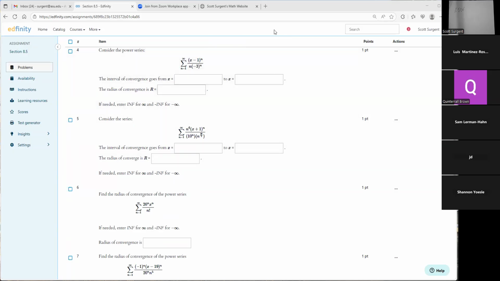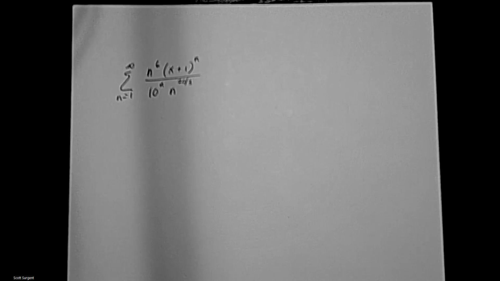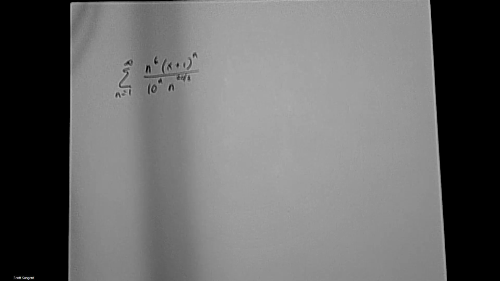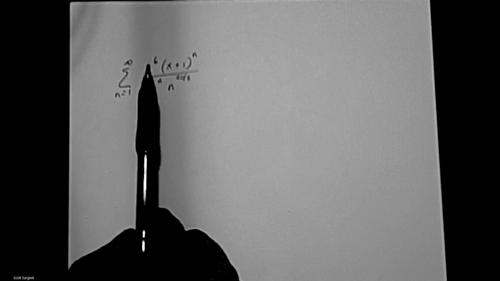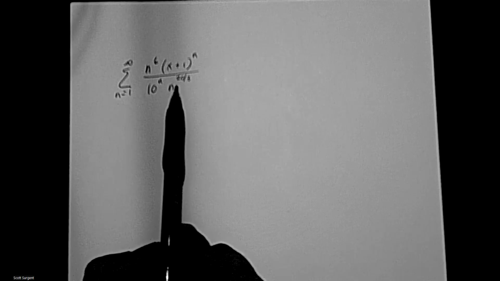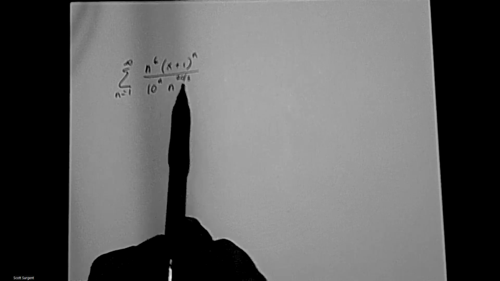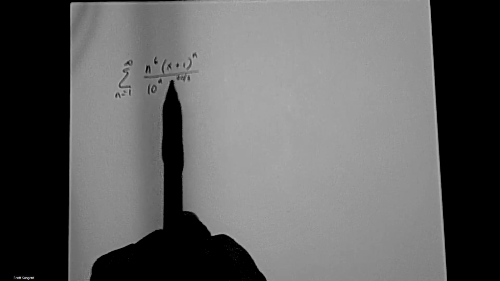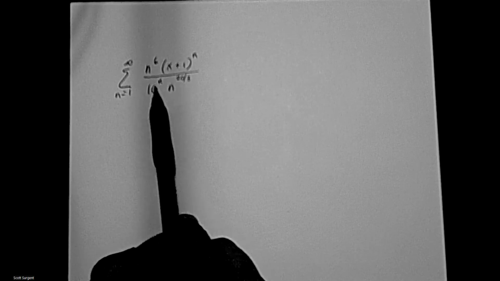Let's get our hands dirty and do this one. All right. Because this has got a mix of polynomial, this is actually also a polynomial. In fact, we're going to reduce that right now. And then we also got exponential.